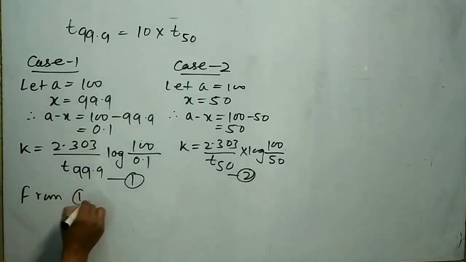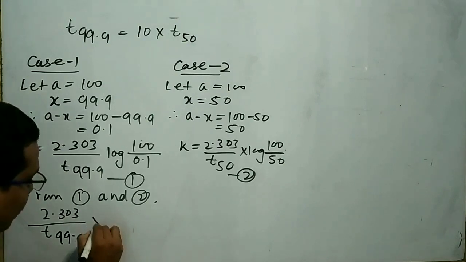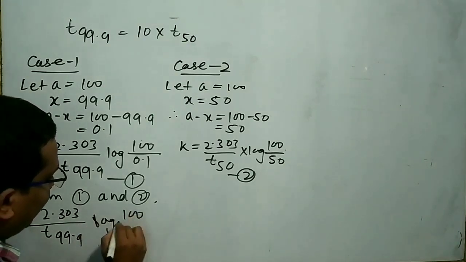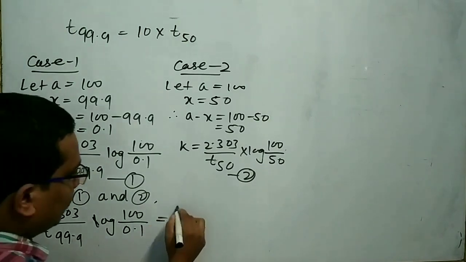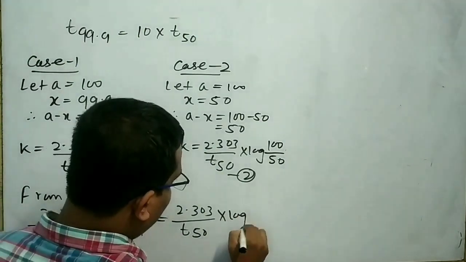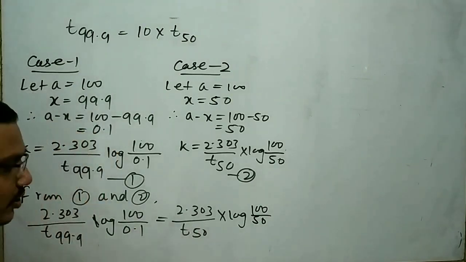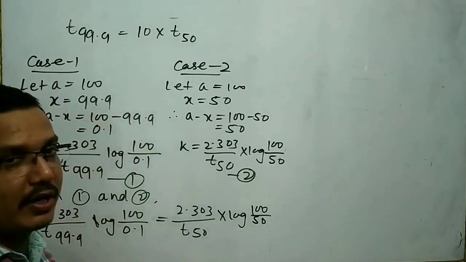From equation 1 and 2, we can write 2.303 divided by T99.9 into log of 100 by 0.1 equal to 2.303 divided by T50 into log of 100 by 50. For a particular reaction, the value of K is constant, so we can write this relation. That means 2.303 divided by T99.9 into log of 100 divided by 0.1 equal to 2.303 divided by T50 into log of 100 by 50.